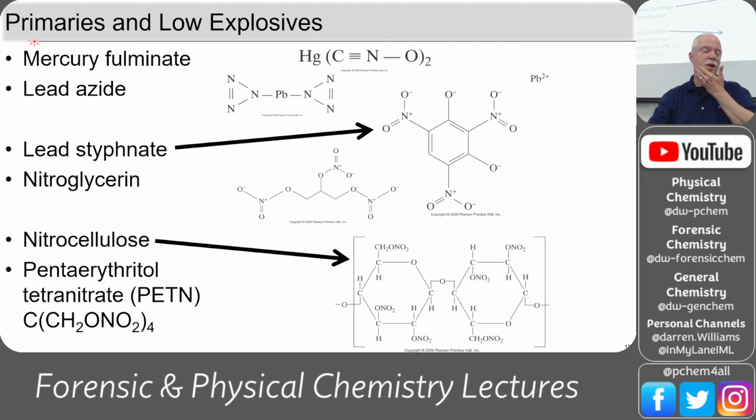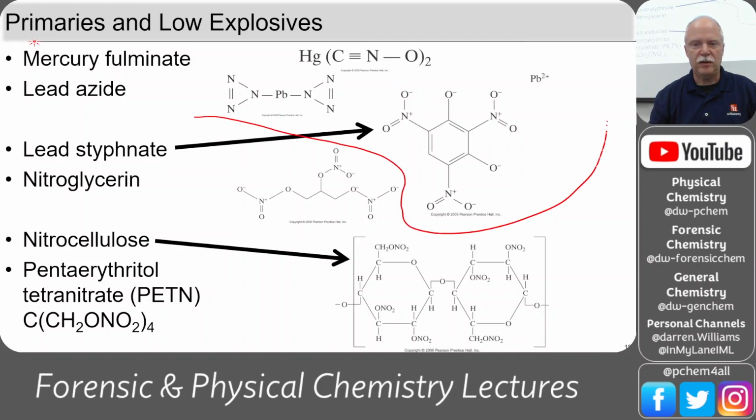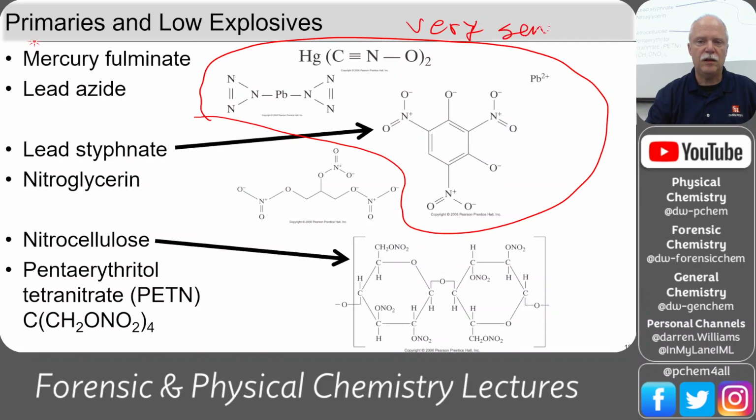Here are some of the compounds that are in these detonators. So these are the most sensitive ones. These top three are very sensitive. So this is lead styphnate. So styphnate, that's kind of a weird sounding compound.